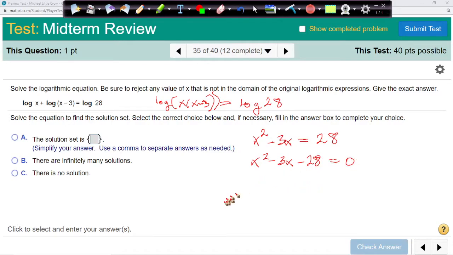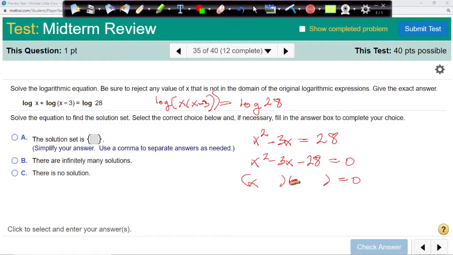And the way we can go about this, again, you could graph this and find its x-intercepts because that's where it'd be equal to 0. The other thing you can do is factor this. 28 is 7 times 4. If you subtract 4 from 7, you get 3. So it works to factor.